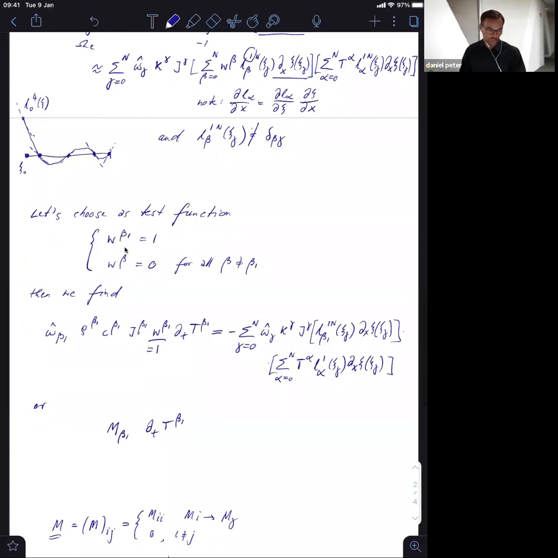So we can write this as a mass term m beta 1 equal to the sum over alpha of k beta 1 alpha times the coefficient T alpha.